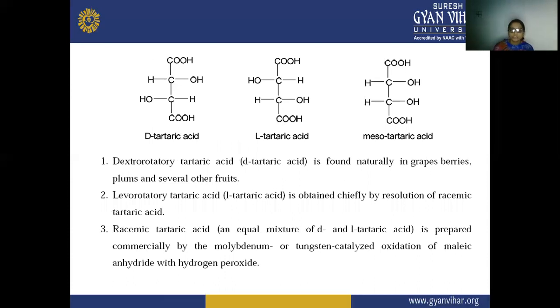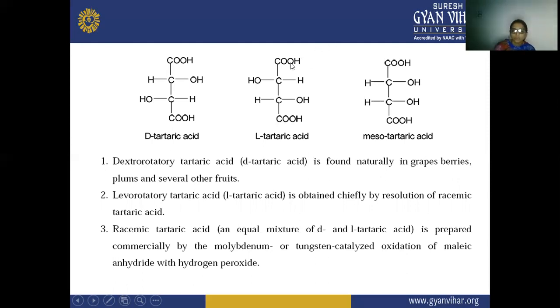So here we have D-tartaric acid, L-tartaric acid, and mesotartaric acid. As you can see here, in the D form, this carbon is attached to four different atoms or groups, and this carbon is also attached to four different atoms or groups. Here you can see this OH is on the left side, and the other on the right side.